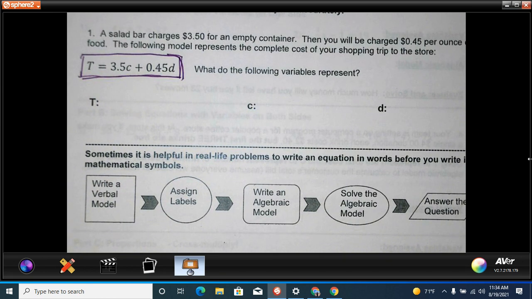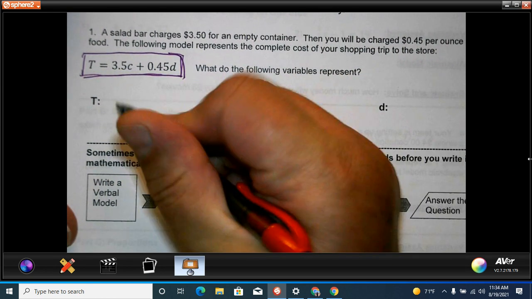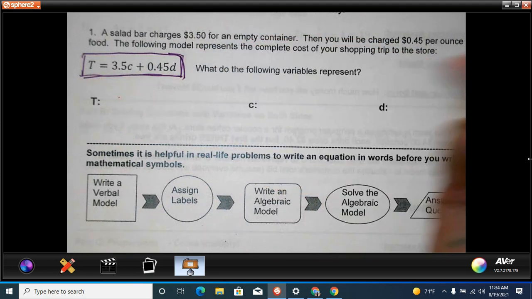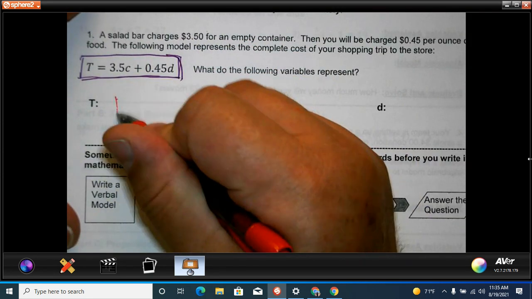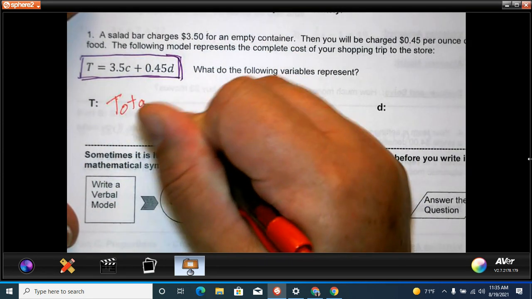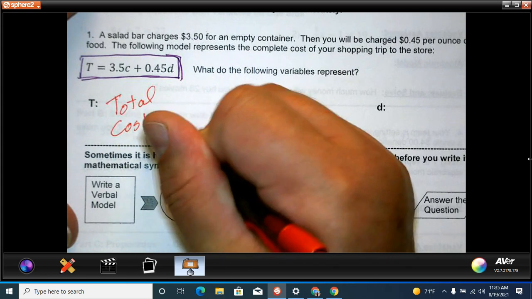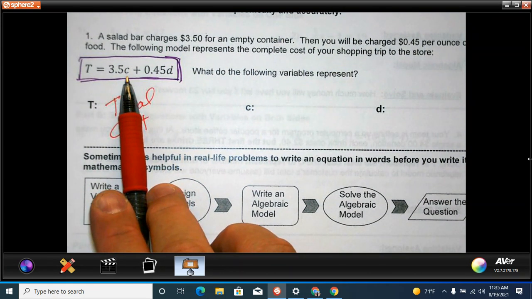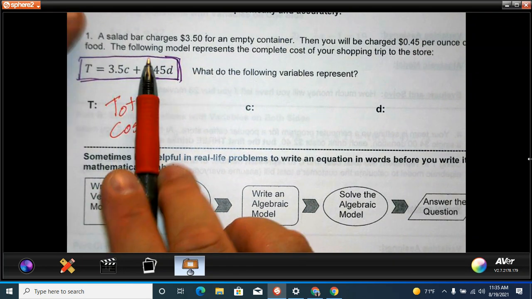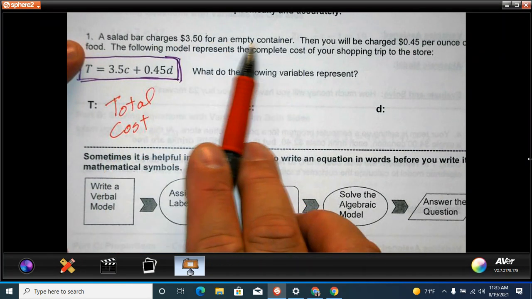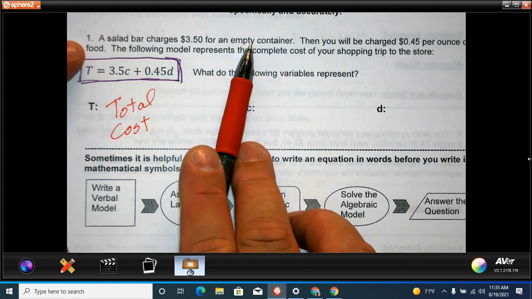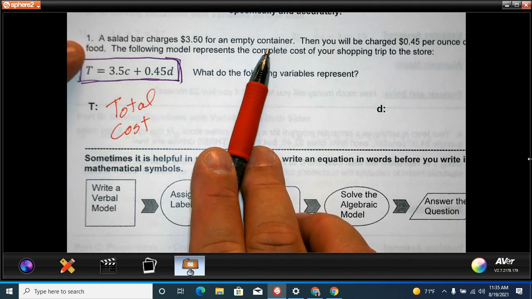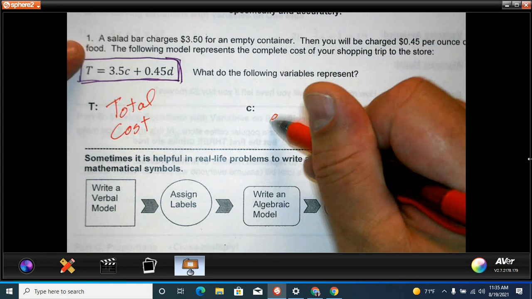Anyone? Yeah, your total cost of the salad, right? Okay, what's the C going to represent? Looking at the problem, yeah, it's definitely going to have something to do with the empty container.